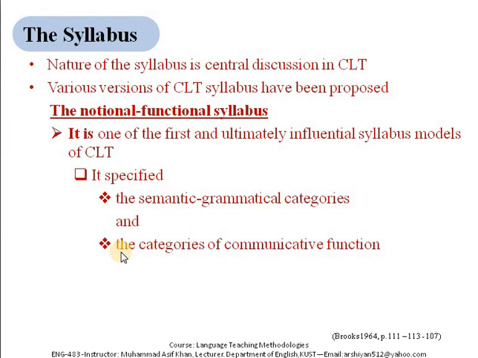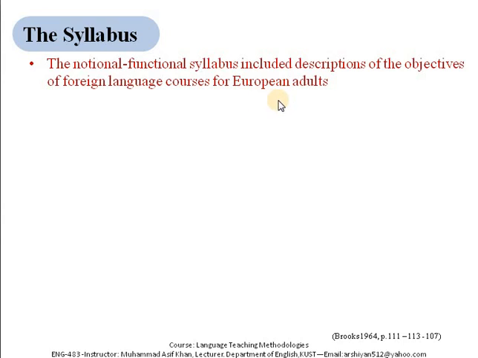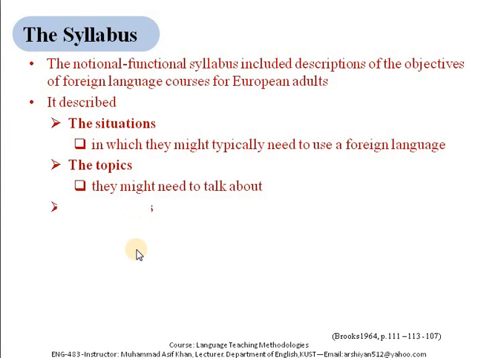This method was developed into a syllabus that included a description of the objectives of foreign language courses for adults in Europe, and this syllabus includes the situations, the topics, the functions, and the notions.